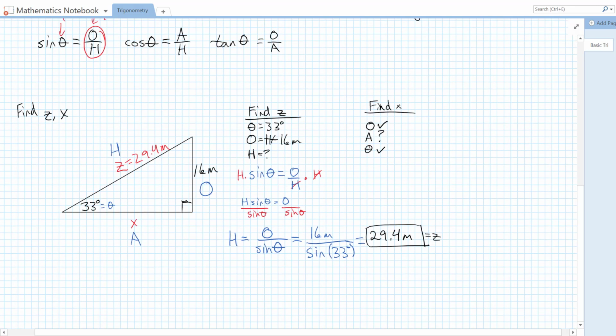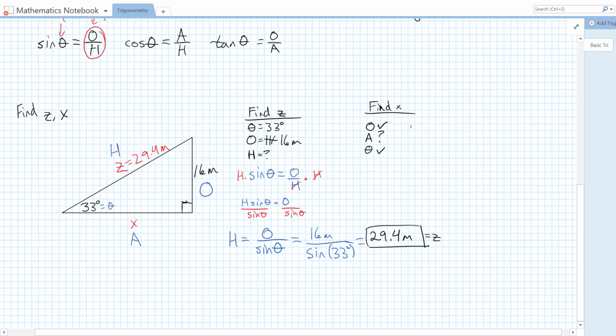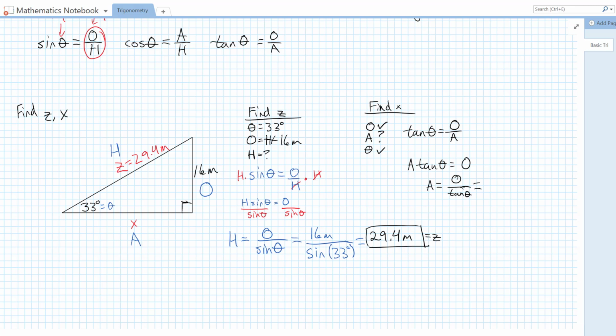If we go back to the trig functions up here, tangent of theta is equal to O over A. We want to solve that for A. Multiply both sides by A. We end up with A tan theta is equal to O. When we solve for A, we get A is equal to O over tan theta. O is 16 meters.